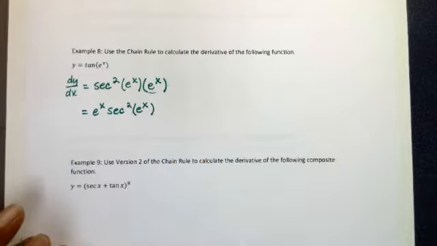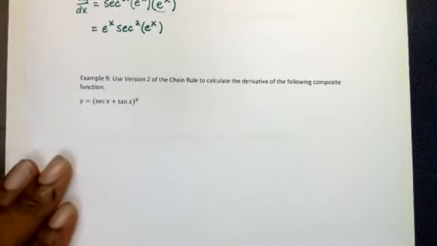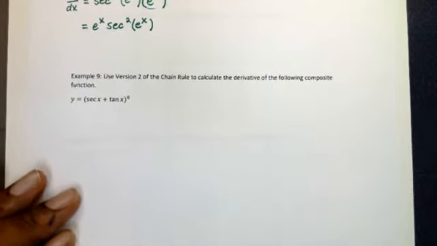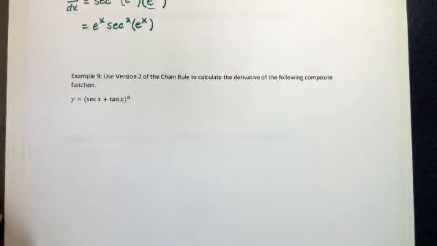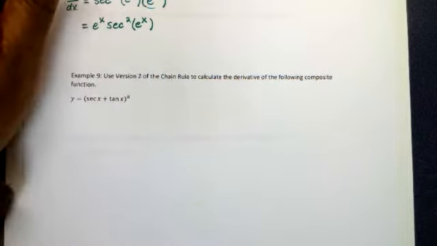All right, example 9 is using version 2 of the chain rule again to calculate the derivative of the following composite function. y is equal to secant x plus tangent x, and that quantity is to the 8th power. And I want to find its derivative.